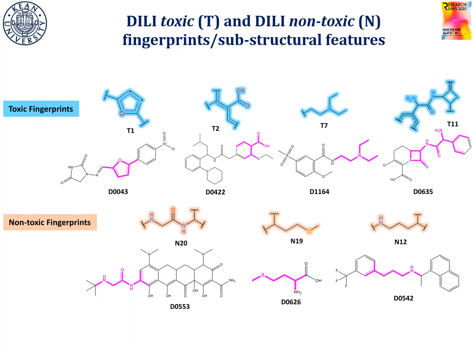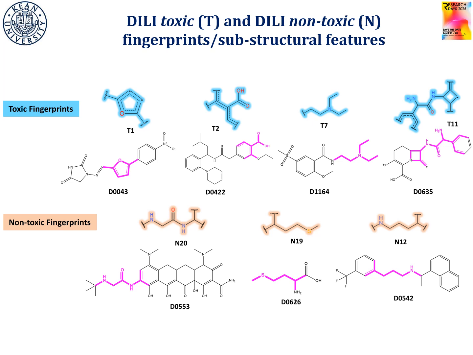In this slide, you can see representative drug compounds with DILI toxic and DILI non-toxic fingerprints and substructural features. DILI toxic fragments promote DILI risk, while DILI non-toxic fragments hinder DILI risk. The blue ones are the toxic fingerprints.